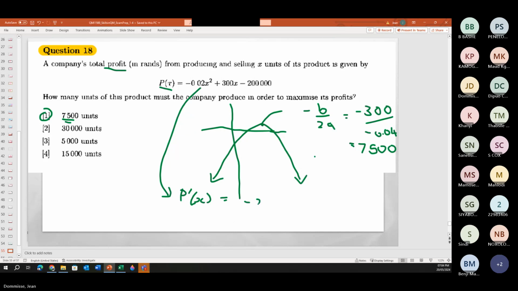Minus 0.02 times 2, remember that goes in front, so it is 0.04x, plus 300x to the power 1 minus 1, so that will fall away.